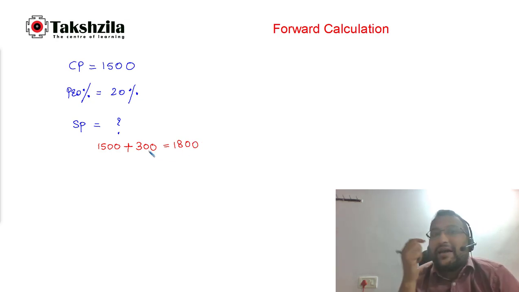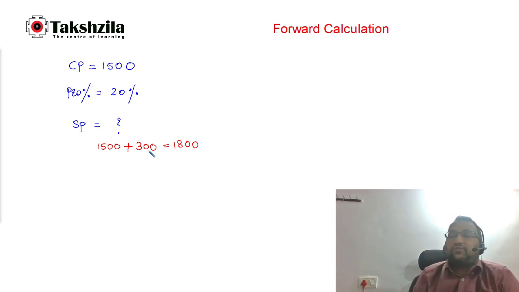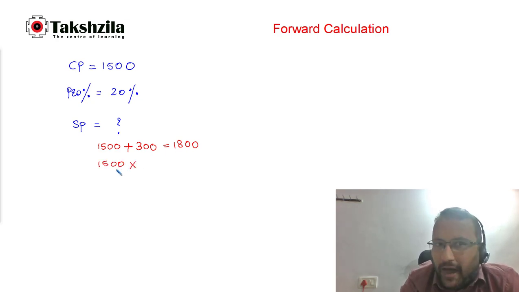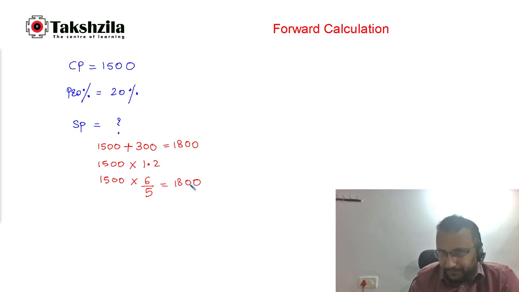Or, we are selling the article at 20% profit, so we need to increase cost price by 20%. To increase cost price by 20%, we are supposed to multiply cost price by 1.2, or multiply 1500 by 1 plus 1 by 5, that is equal to 6 by 5. This is how you can find the selling price.